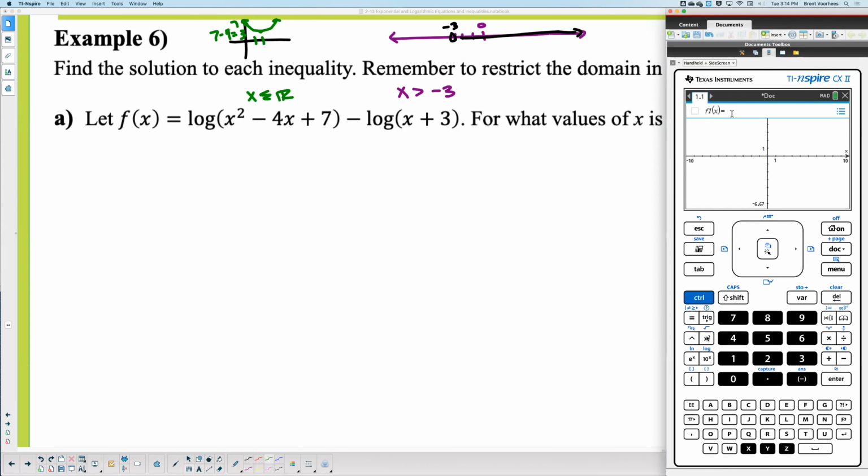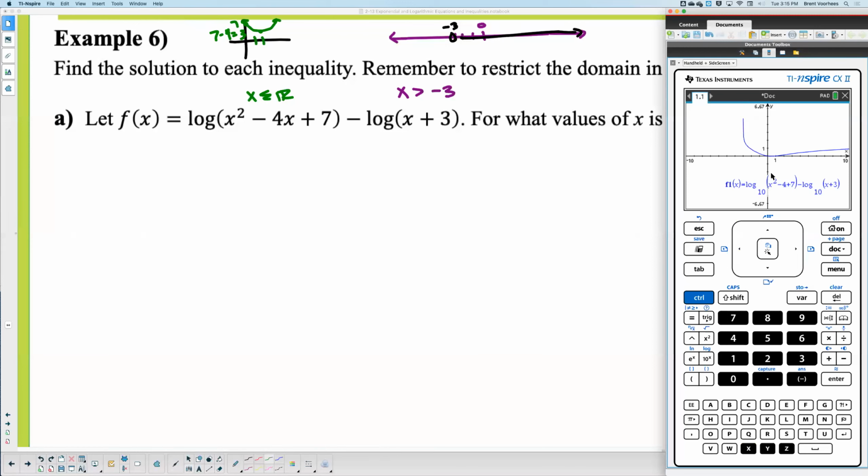So graph, I have a logarithm, it's a common logarithm, so the base is going to be 10, of x squared minus 4x plus 7, minus log of x plus 3. And I want to know where this is greater than 0.